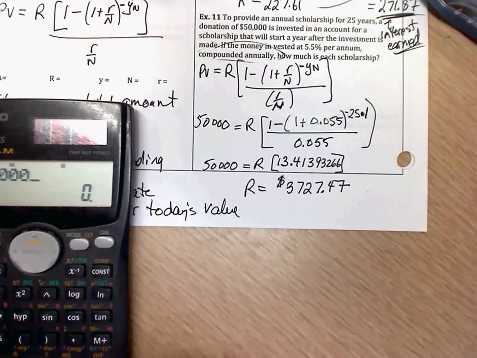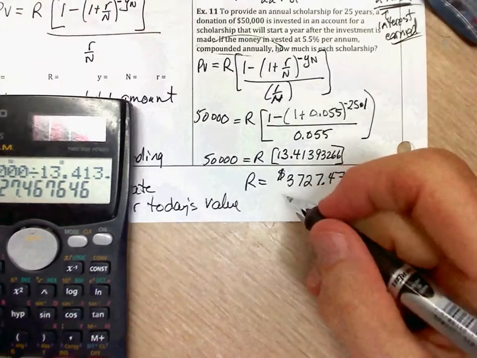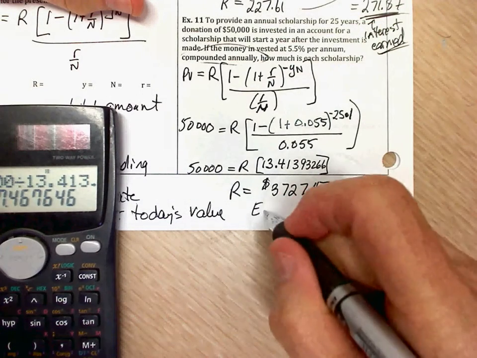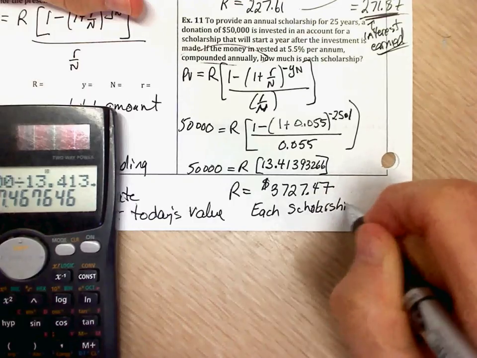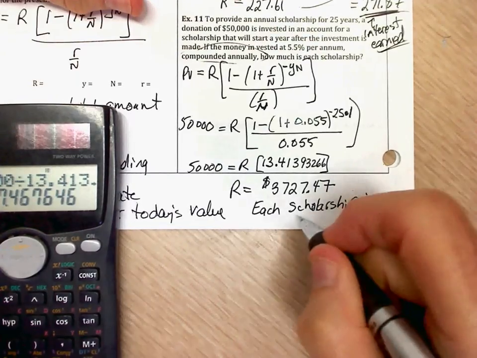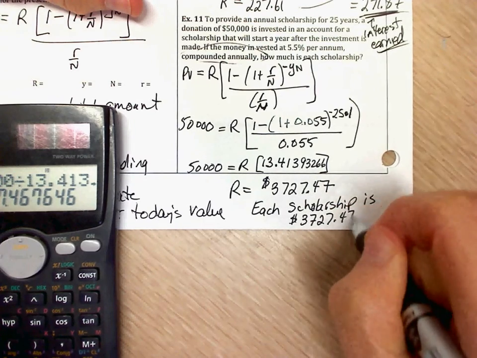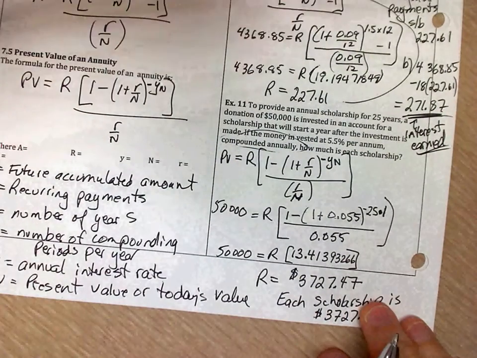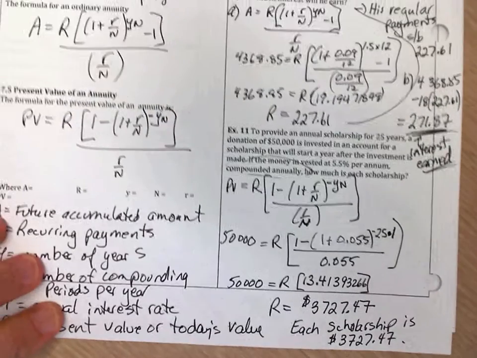Okay, so each scholarship is $3,727.47. So I'm just going to remind you that watching these YouTube videos is not enough. Again, I'm going to keep reminding you, practice your review sheets, redo your test, do your practice test, and good luck studying.